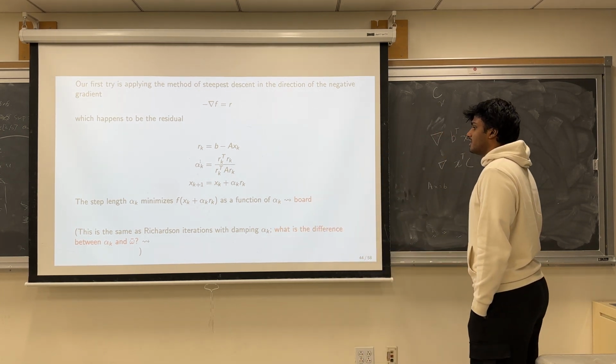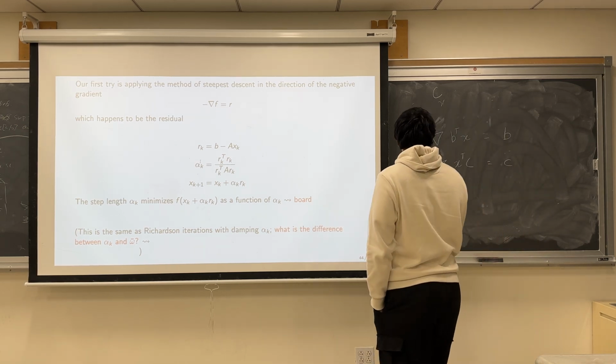What is the difference between alpha k and the damping parameter? Let me recall.